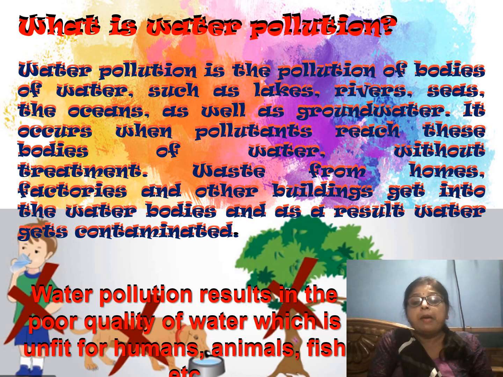Contaminated water makes us ill. So we can't use such water. Water pollution results in poor quality of water, and it is unfit for human beings as well as animals, aquatic plants and all the animals which live in the water.